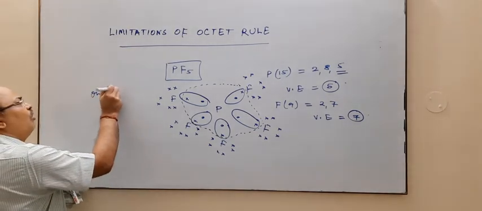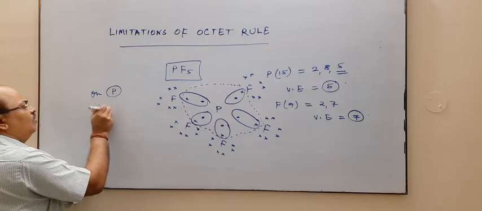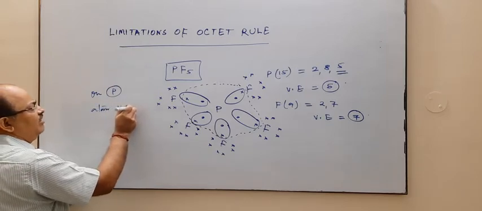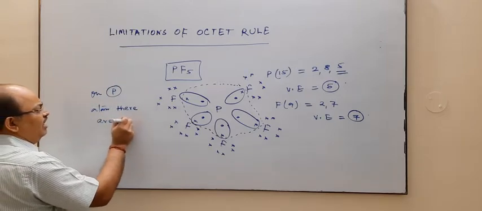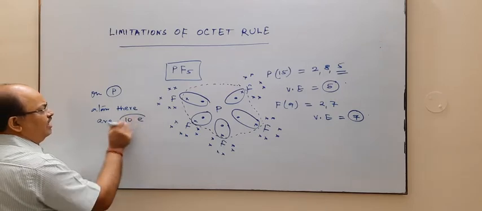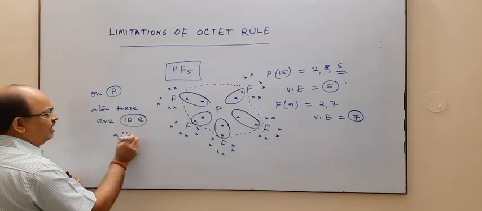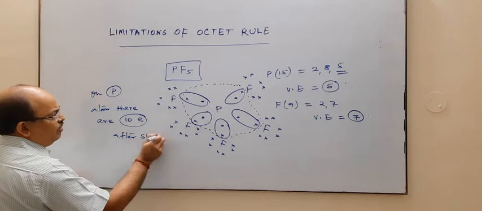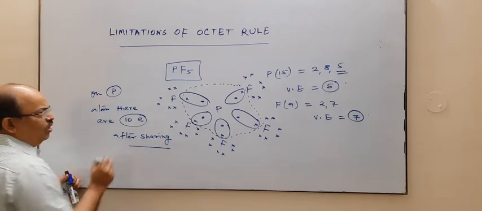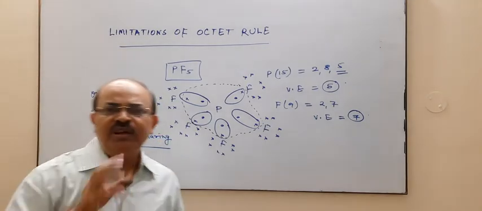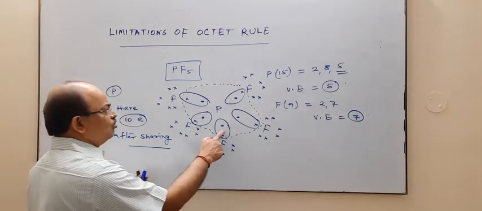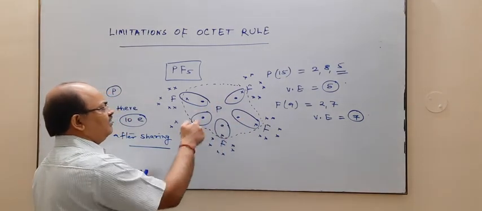On phosphorus atom, there are 10 electrons after sharing, 2, 4, 6, 8 and 10.